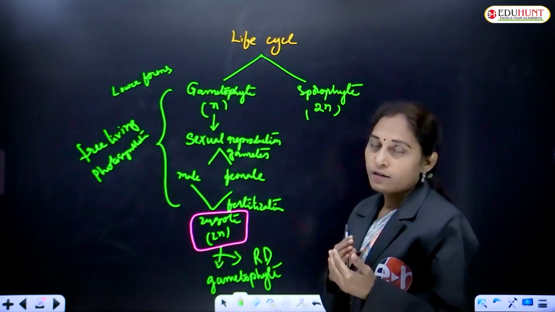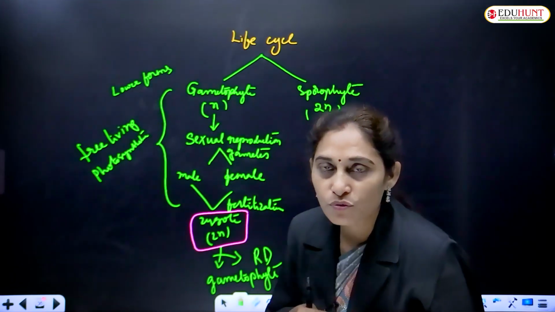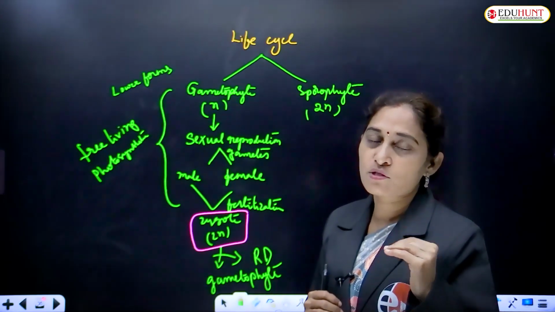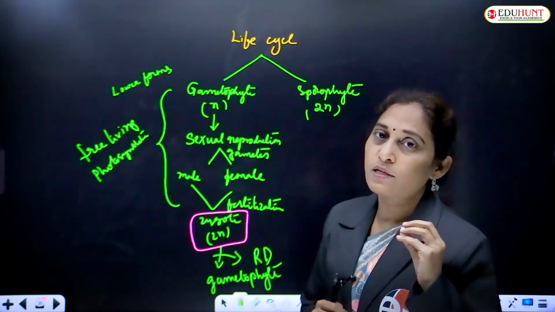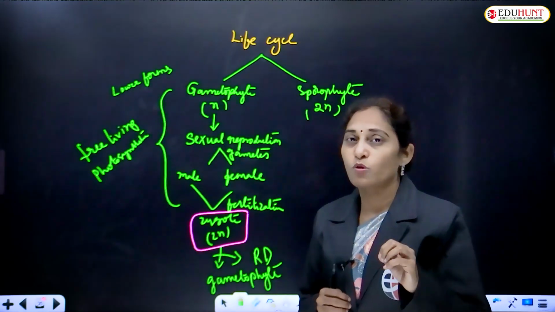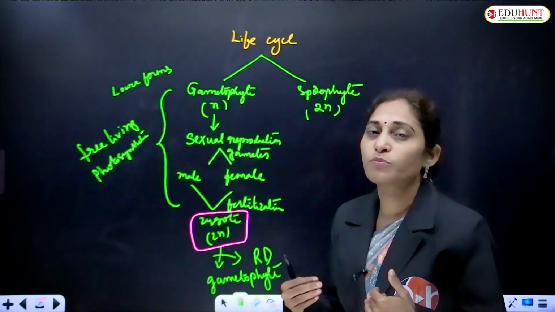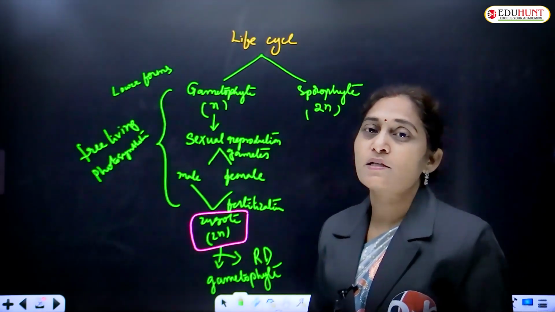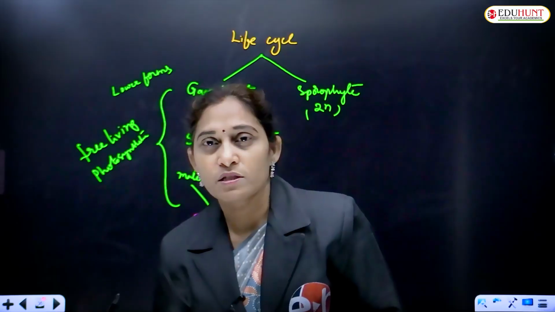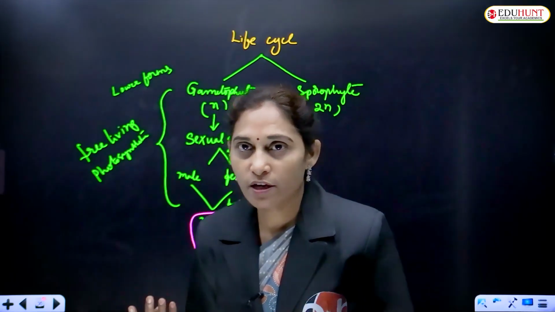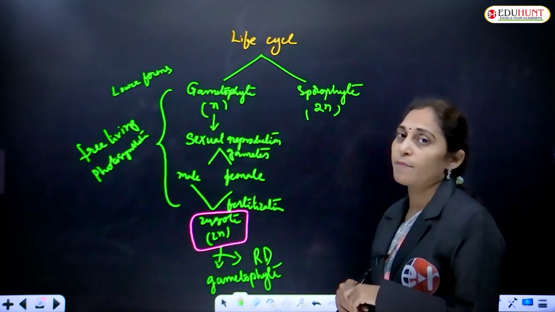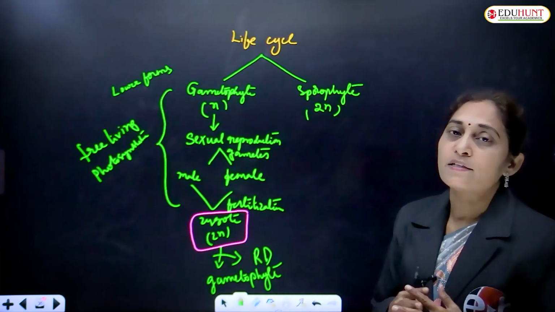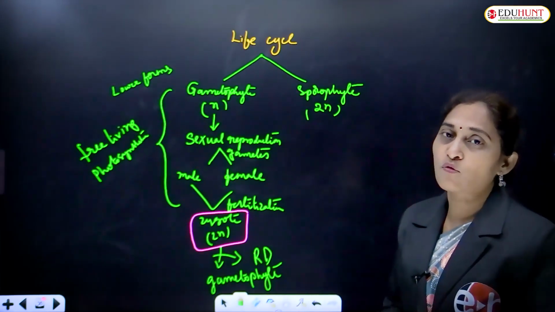Sometimes the zygote undergoes mitotic division to produce a sporophyte. It bears foot, seta and capsule, and in the capsule, the spore mother cells undergo meiotic division to produce spores. After dispersal, these spores reach a suitable substratum, germinate and give rise to the gametophyte, and the gametophyte gives the gametes, which on fusion produce the sporophyte.